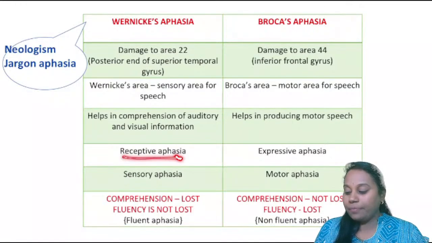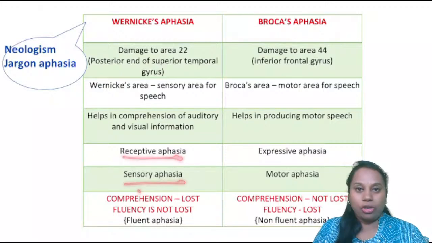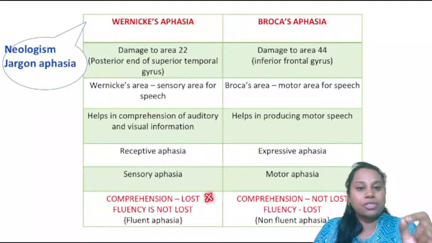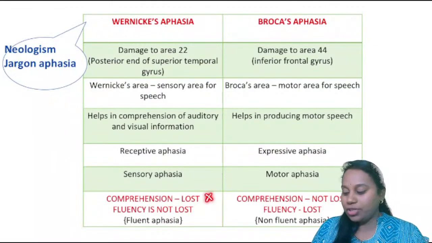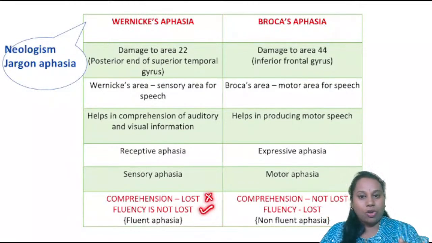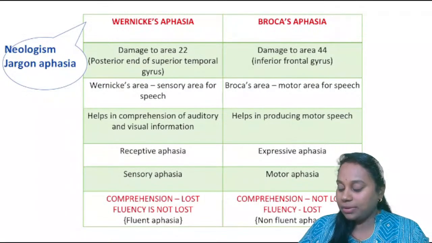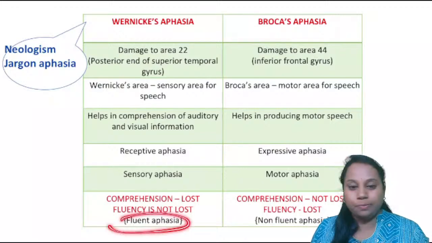So that is why any damage to Wernicke's area results in sensory aphasia. Comprehension is lost in Wernicke's aphasia patients, since Wernicke's area is responsible for comprehension. Fluency is not lost. Comprehension is lost, but fluency is not lost. That is why this aphasia is called fluent aphasia.